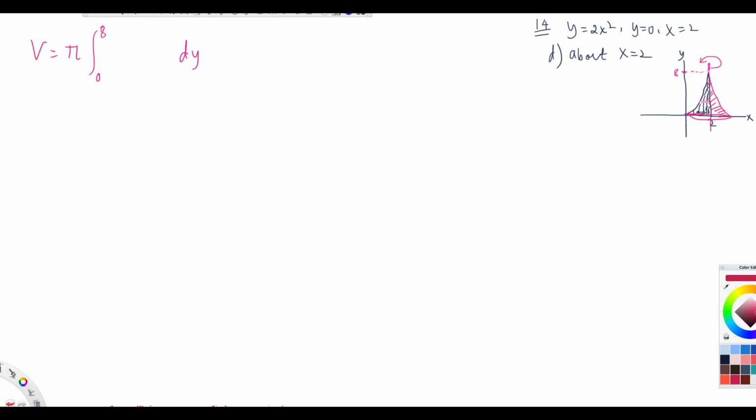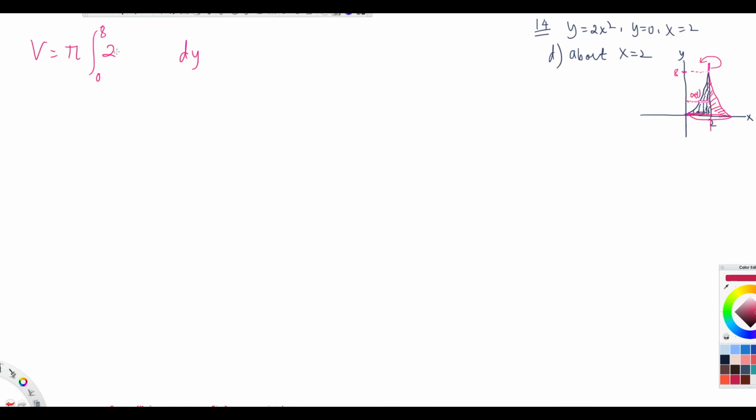The total is 2, and then minus that x. So 2 minus the x coordinate, because this point is like x comma y. The total is 2 and then minus that part. So 2 minus x squared, that is the radius.